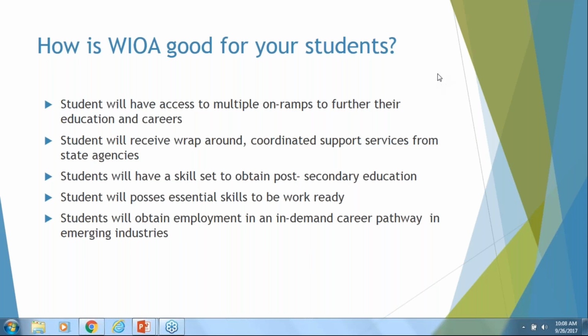Fifth, students will obtain employment in the in-demand career pathway in emerging industries. Program design, WIOA requires programs now to work with their local workforce boards to find out what the industry sectors are.